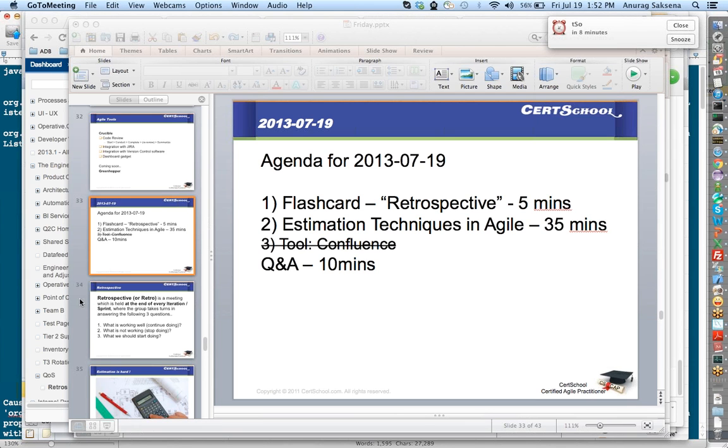Another question: our team is distributed and we use Fibonacci to estimate story points. Everybody sends his numbers via Office Communicator. Does this mean we use both techniques, Fibonacci and planning poker? Yes. You would probably always use a combination of these techniques. First of all, you're using story points, which is one technique.